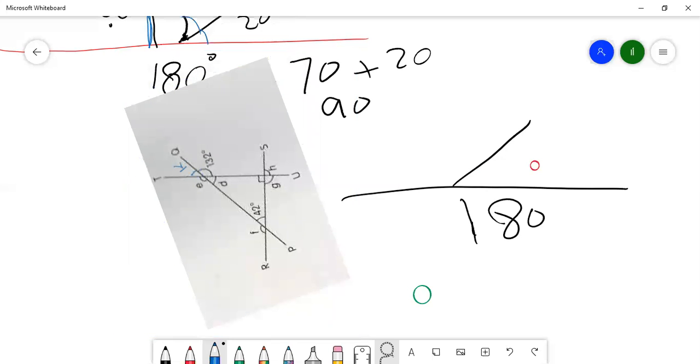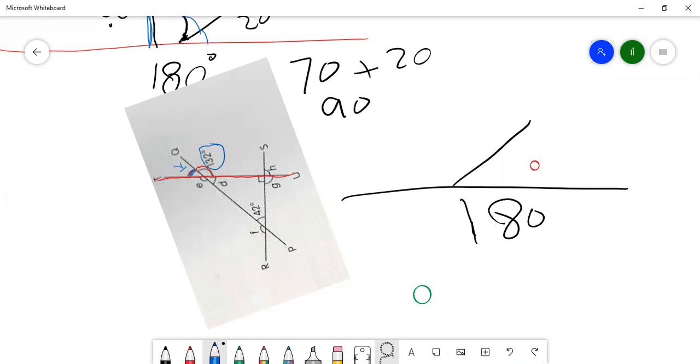Do you see this straight angle? We have two angles on it, right? This and this. The sum of these two angles must be 180. So this is 132.